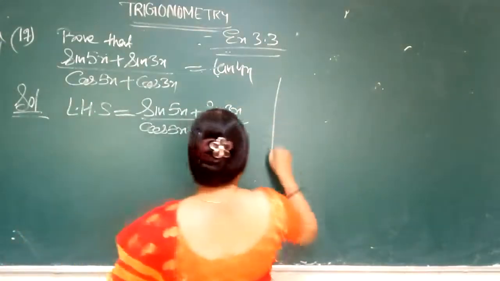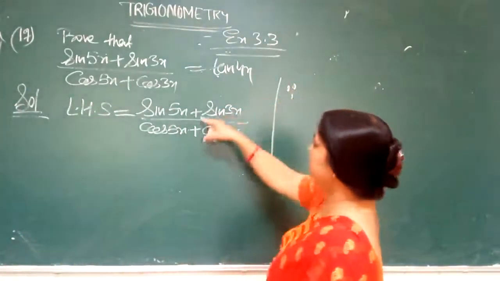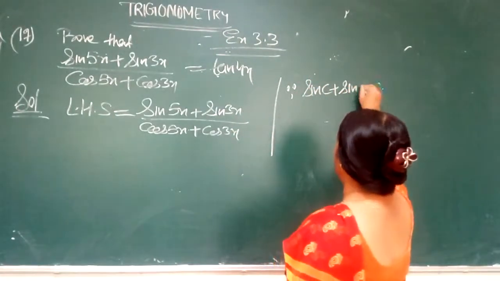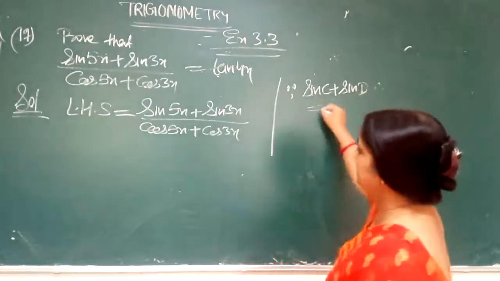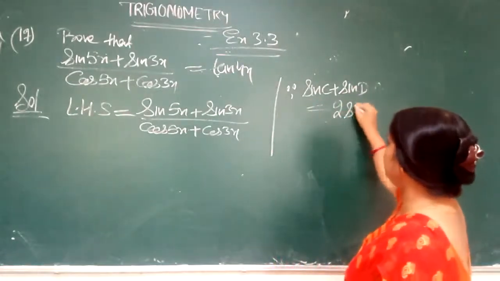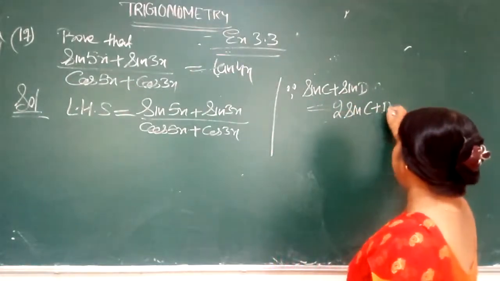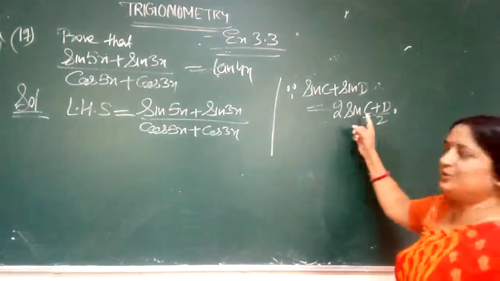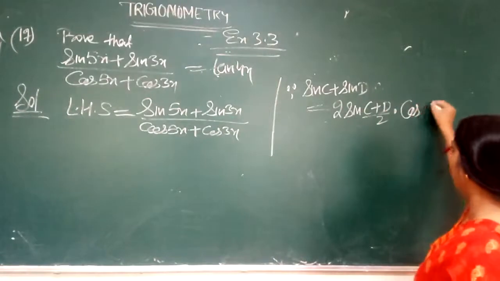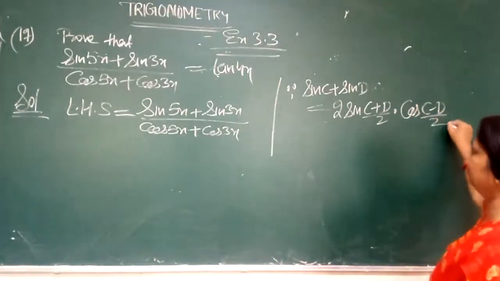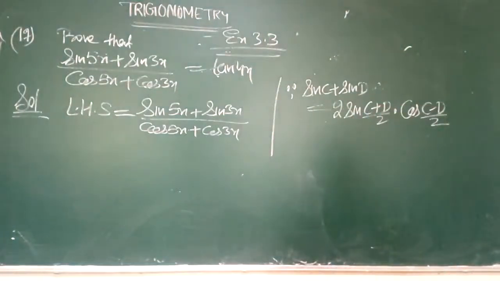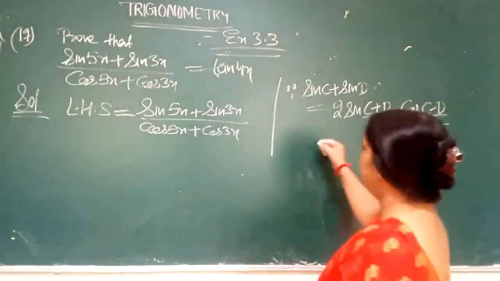Now students, we will use the formula here. What is the formula of sin c plus sin d? I told you, the formula of sin c plus sin d is 2 sin of (c plus d) upon 2 into cos of (c minus d) by 2.